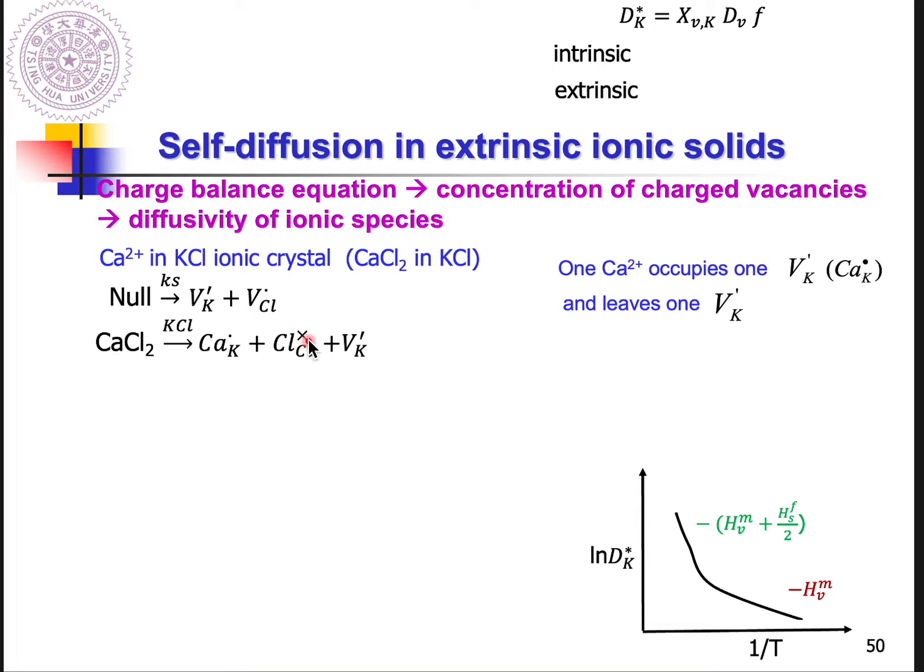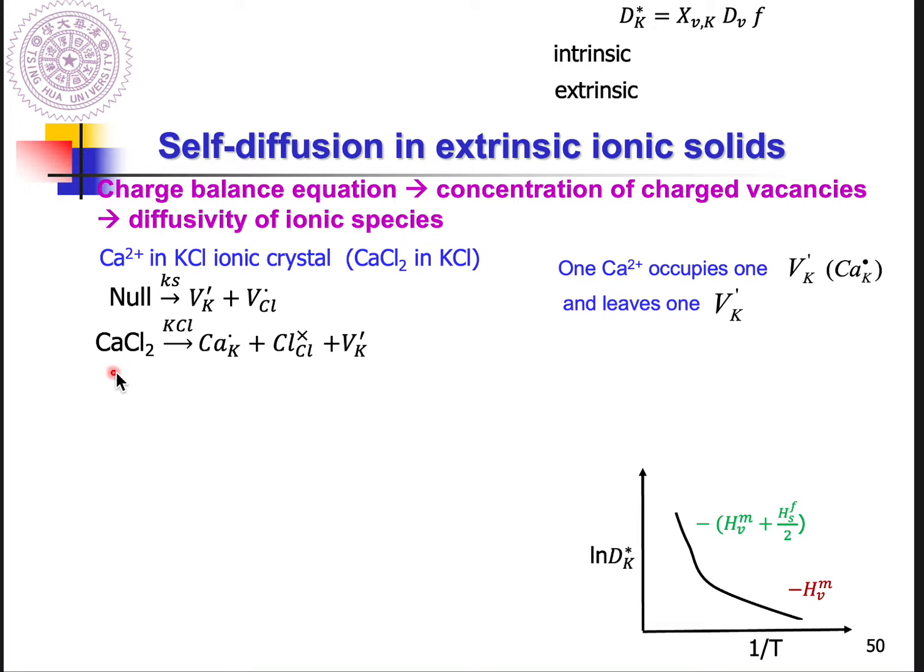The electron state will be neutral. But as you know, the generation of these vacancy defects is as a pair. So as long as you generate 2 vacancies at the chloride site, there must be 2 vacancies at the potassium site. You only use the 1 calcium to occupy 1 of the potassium sites, so you are going to be left with 1 vacancy at the potassium site.